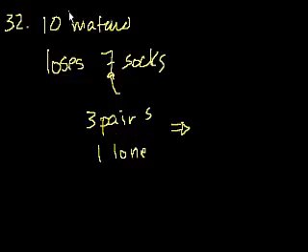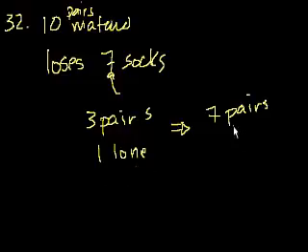Remember, he has 10 pairs. Let's keep in mind, those aren't 10 socks. He has 10 pairs. So if he just loses 3 pairs, then he'll have 7 pairs left, right? But then if he loses 1 more sock, then he's only going to have 6 pairs left. He's going to have 6 pairs and 1 sock. So he's going to have 6 matched pairs left, and that's choice B.